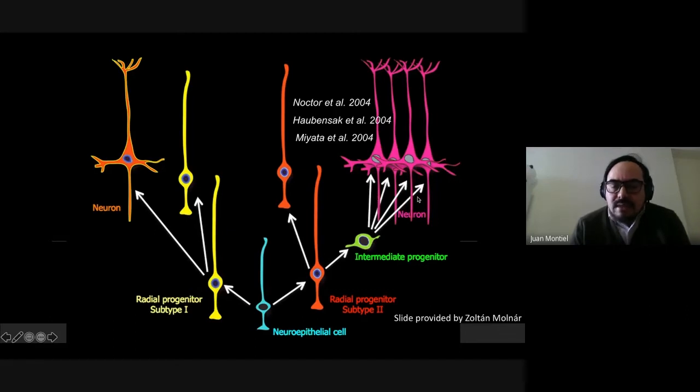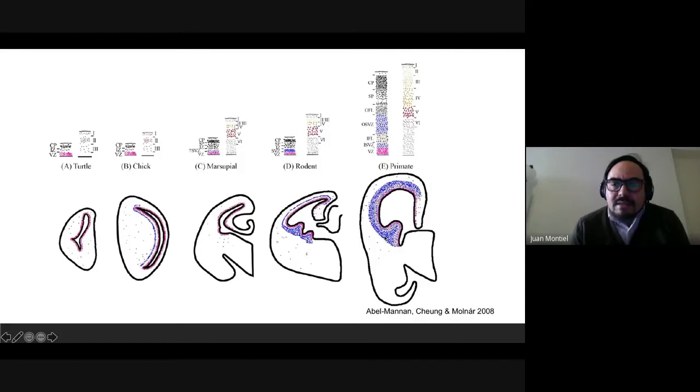So when we see this more complex distribution of progenitors in the proliferative regions, like in blue the subventricular zone and in pink the ventricular zone, we are observing that these devices are amplified during development and across evolution.